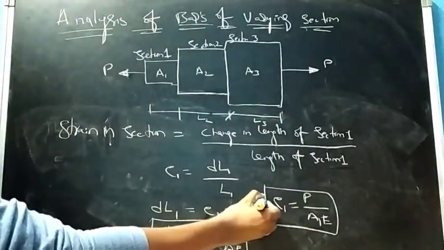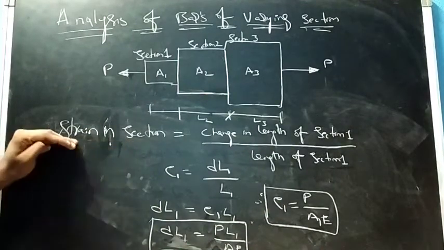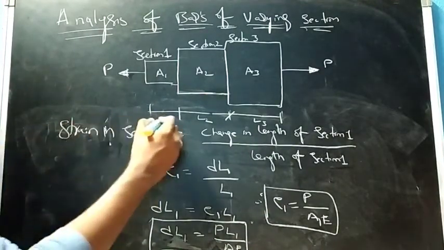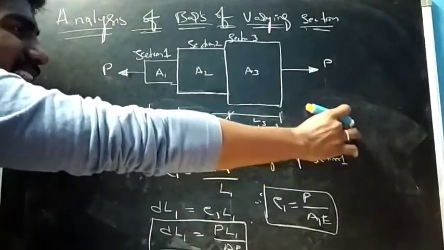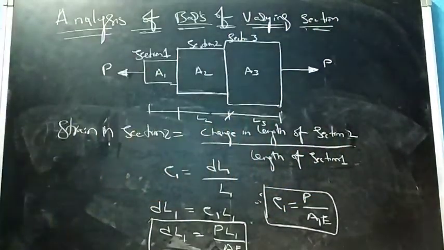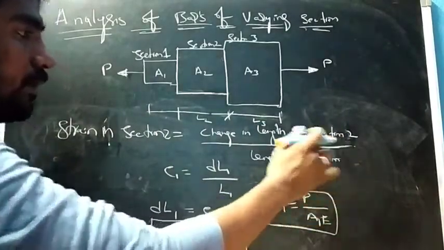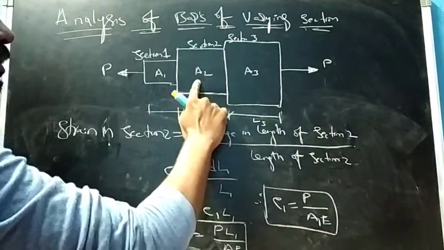Okay. Now similarly we can find the strain in section 2, that will be the change in length in section 2 upon the actual length of section 2.